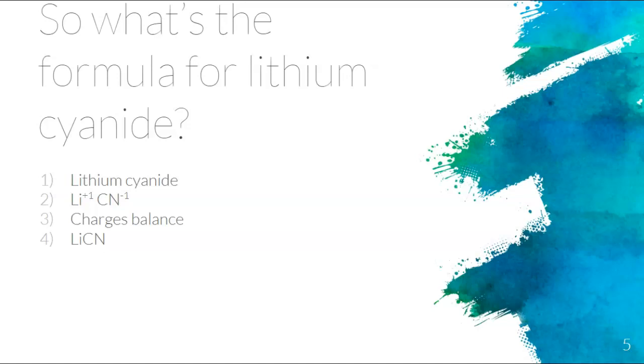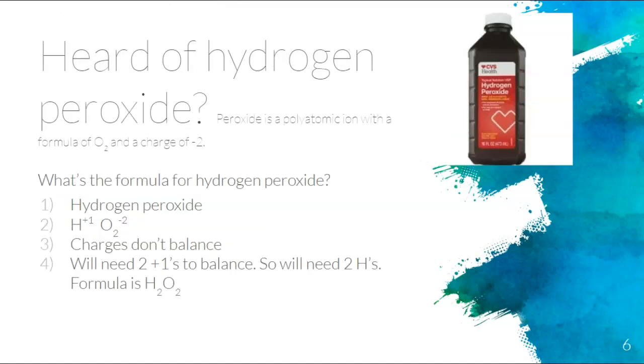Let's look at another polyatomic ion, peroxide. Maybe you've heard of hydrogen peroxide. We use it in our demos, and it's used in first aid. If you have a cut or something, you might use hydrogen peroxide to clean it. If you've gotten your ears pierced, you might clean your ears with hydrogen peroxide afterwards. So let's try to write the formula of hydrogen peroxide. I'm going to write out my ions. Hydrogen is in group 1, it's +1.